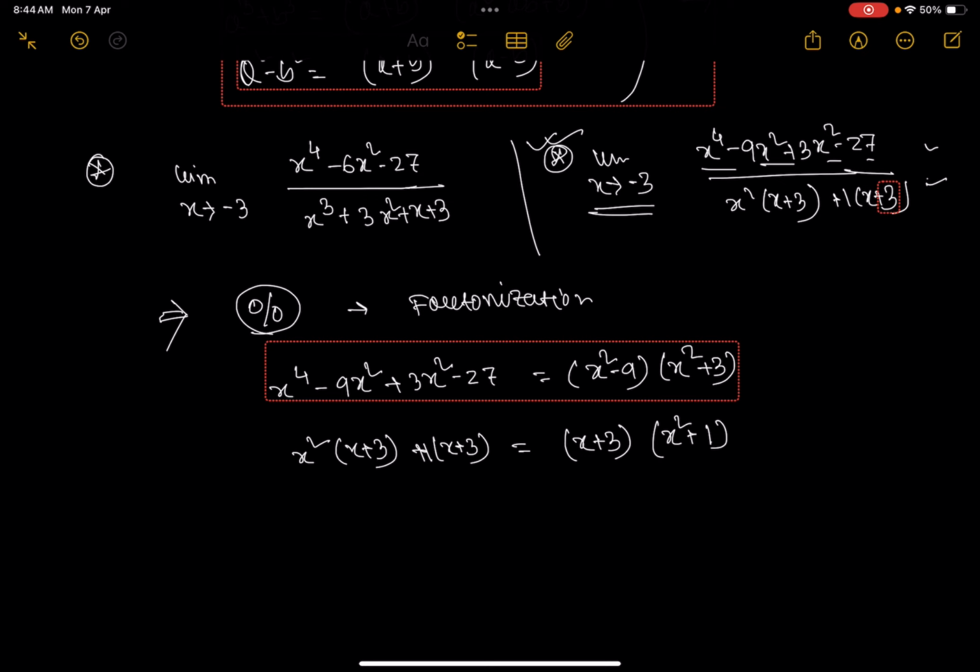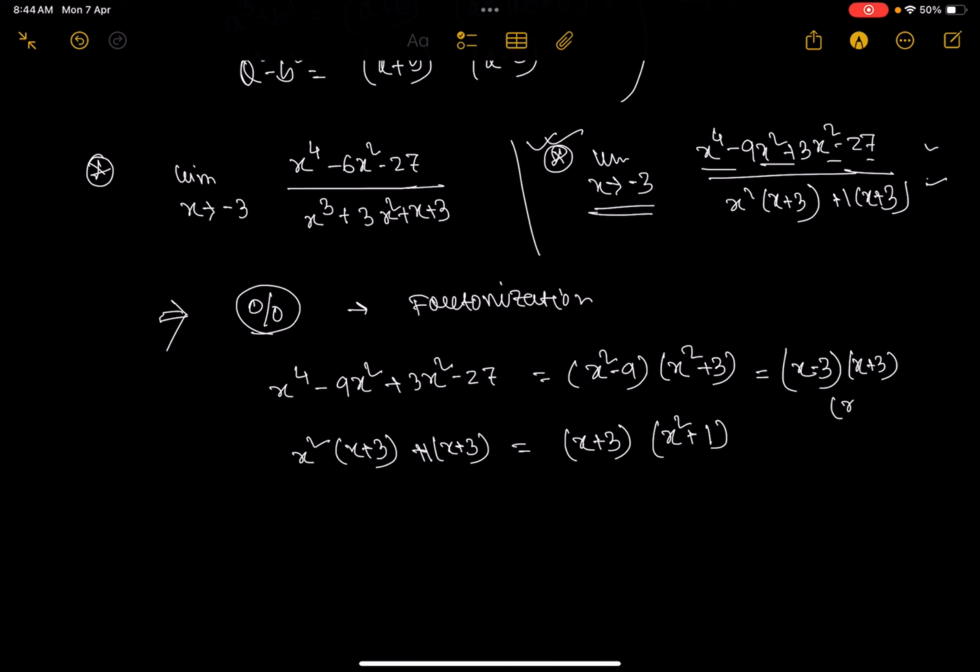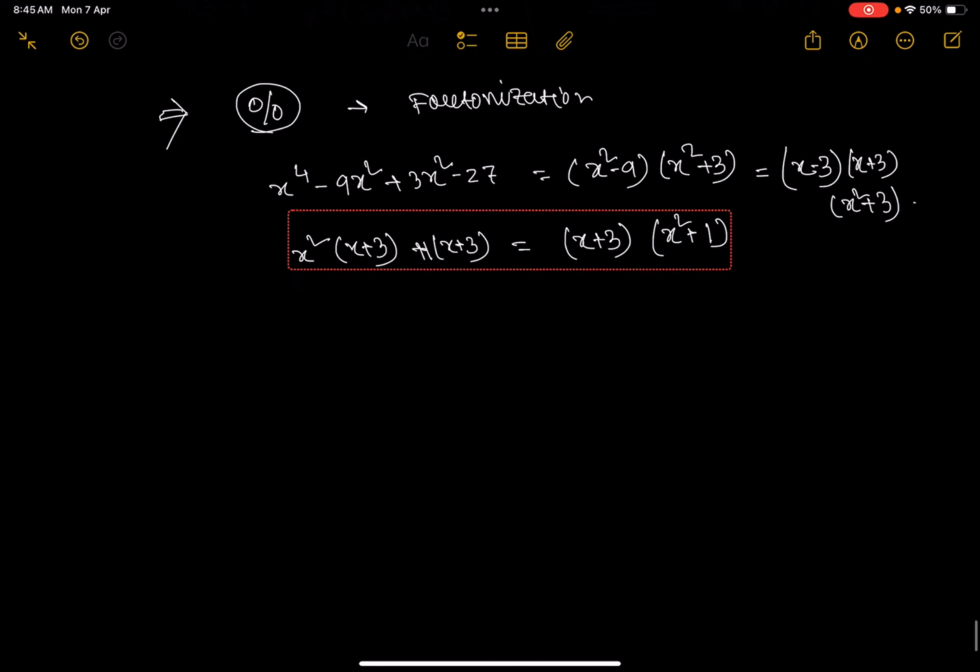For the numerator, we also reduce x square minus 9 using the a square minus b square formula, giving x minus 3, x plus 3, and also x square plus 3.